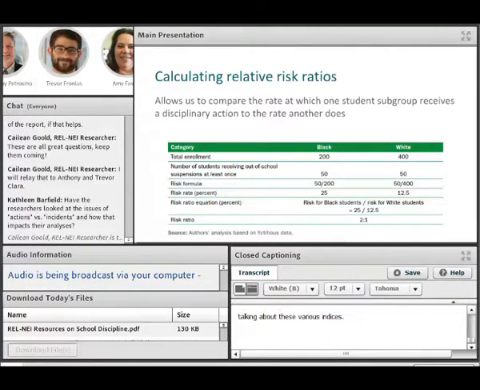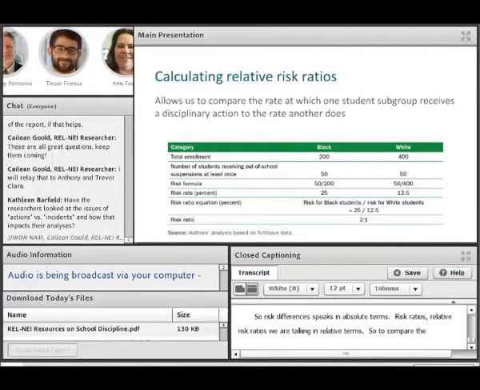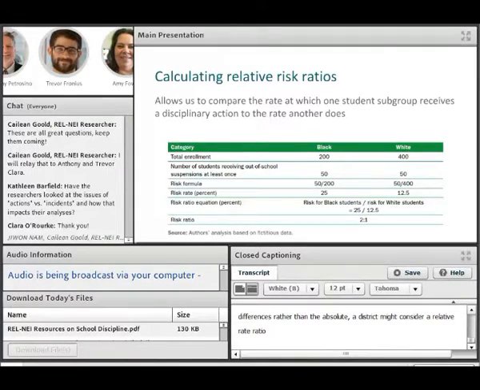So risk differences speak in absolute terms. Risk ratios, relative risk ratios, we're talking in relative terms. So to compare the relative differences rather than the absolute, a district might consider a relative rate ratio. To calculate the relative rate ratio, the risk rate for one student subgroup is divided by the rate of a second student subgroup.